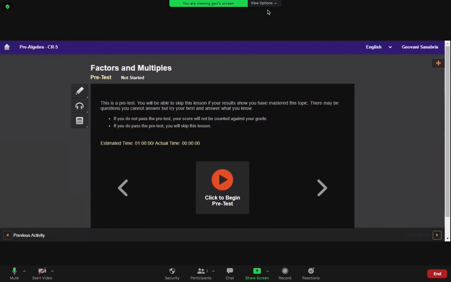But multiples, so like factors are what divides a number evenly. Multiples are just like when you multiply a number. So instead of breaking it down, it'll be, what can I multiply to get that number? Yeah, to build it up instead of breaking it down.